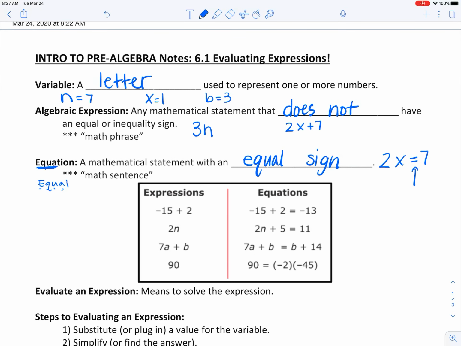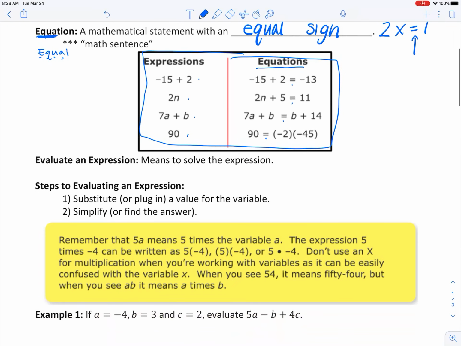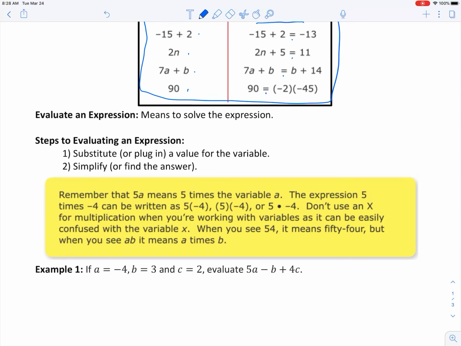Okay, so in this box right here, we have various expressions and equations. These 4 are expressions because there's no equal sign. On the right side, you see equations, and all of these are equations because they all have an equal sign in them. So evaluating an expression really just means to solve the expression.